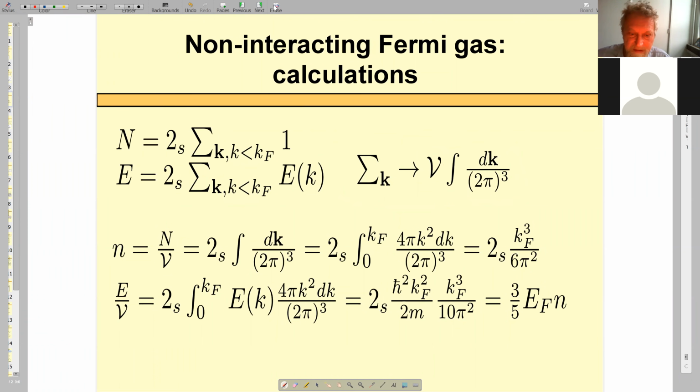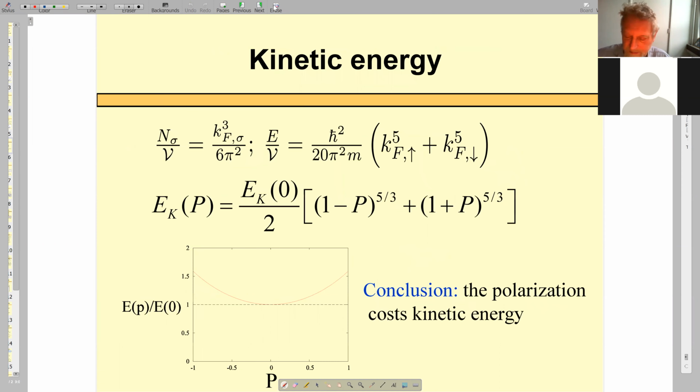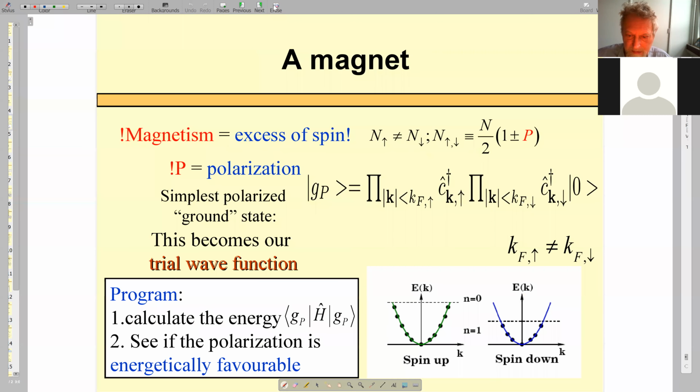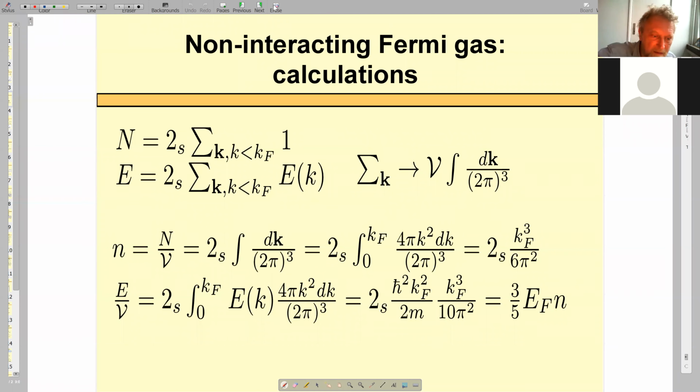Let us see what we can do. After that, we got the volume in front of it and divided by the volume.